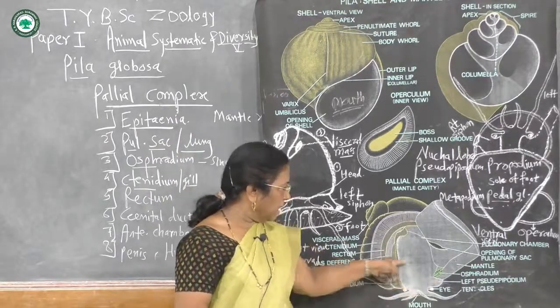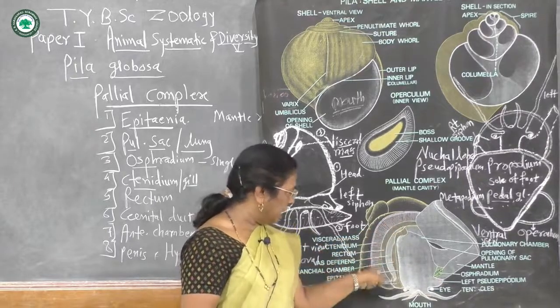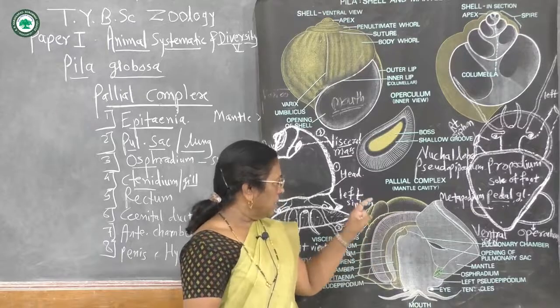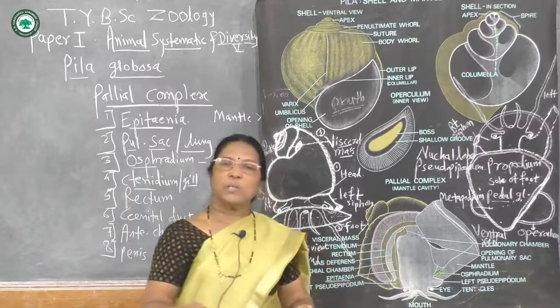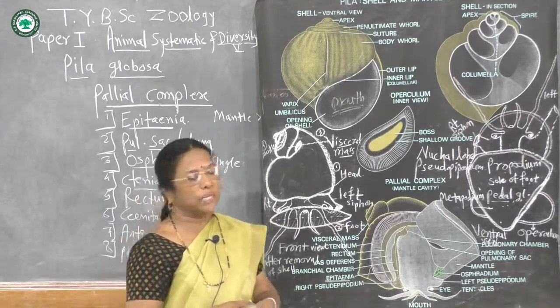When water enters through the left nuchal lobe, all these lamellae are bathed, and due to the thin, vascular, permeable nature of these lamellae, there is exchange of O2 and CO2.